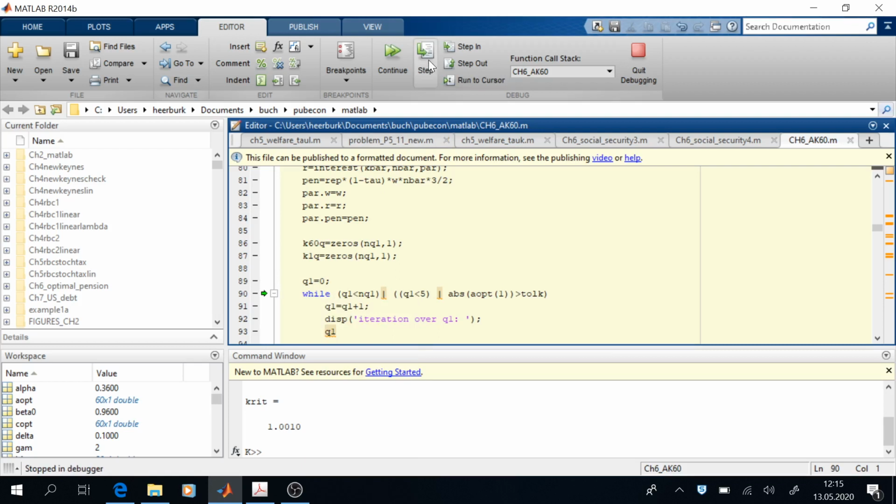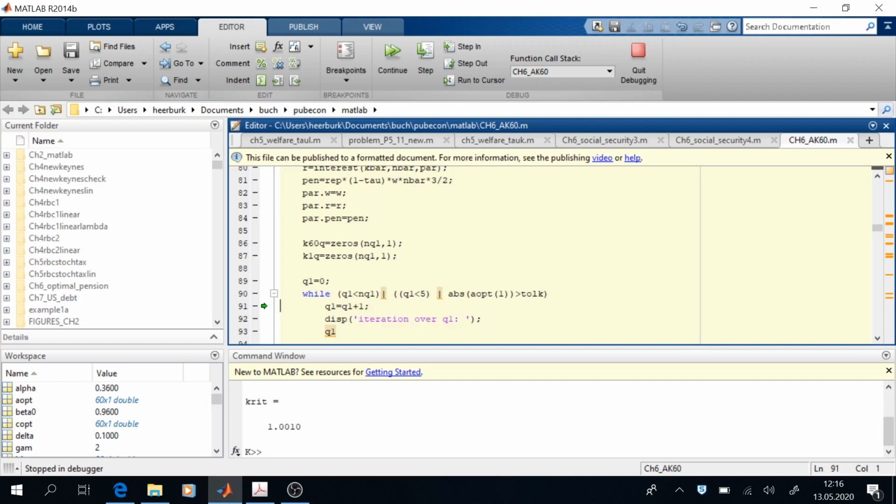So now we start the inner loop, the iteration over the individual wealth and labor profiles. And we do this loop for a maximum of 30 iterations again.